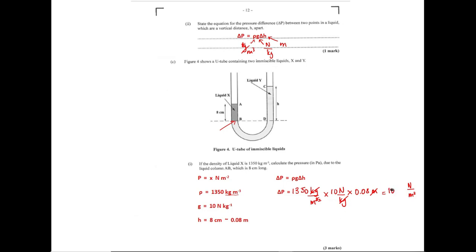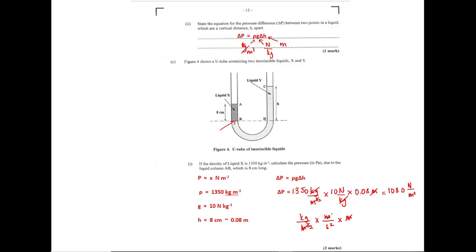Now why is it better to use newtons per kilogram? Because let's do it without that. Let's just multiply the units that they gave us, meters per second squared, and then meters. Let's start canceling now. You can start to run into problems because it's going to look unfamiliar.